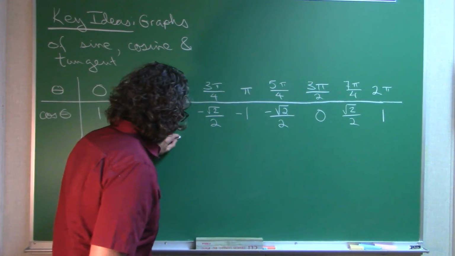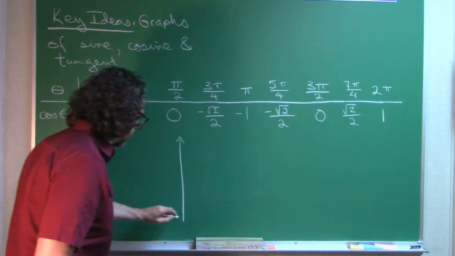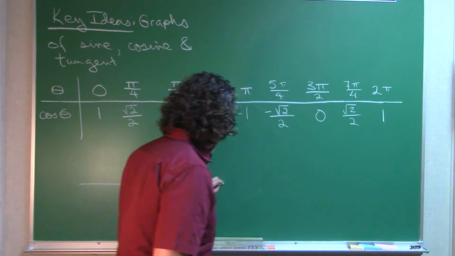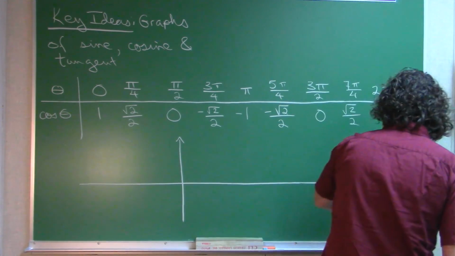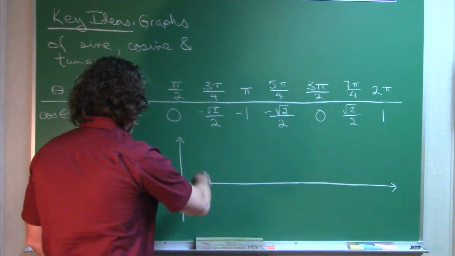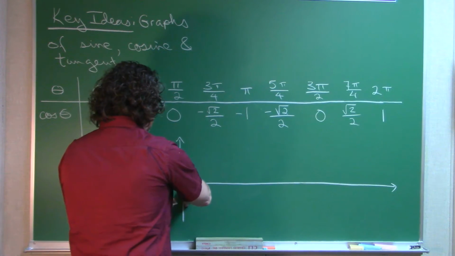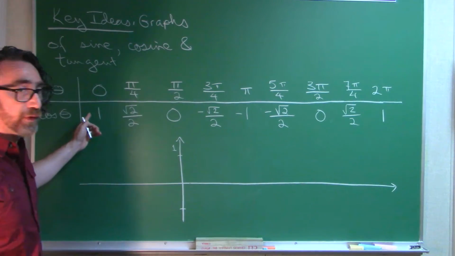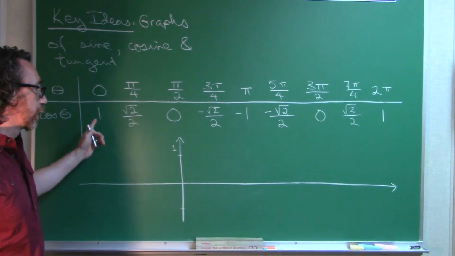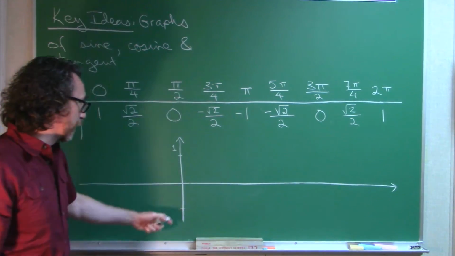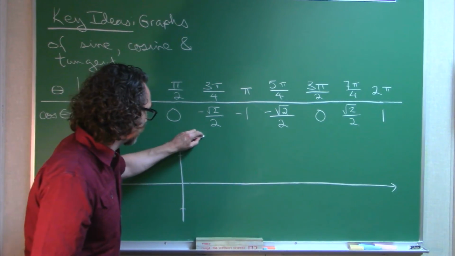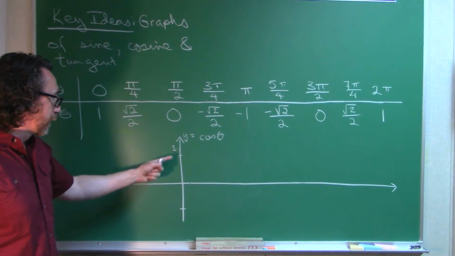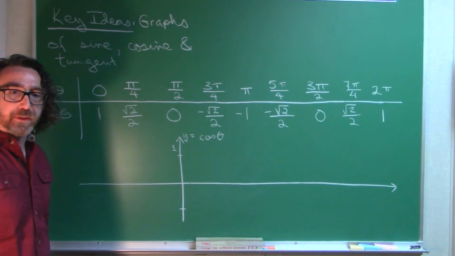So here's what I'm going to do. I'm going to plot the value of cosine theta for these various values of theta. We see the max value that cosine ever has is 1, and the min is negative 1. So on my y-axis, where I'm going to plot y equals cosine theta, the highest I need to go is 1, the lowest I need to go is negative 1.